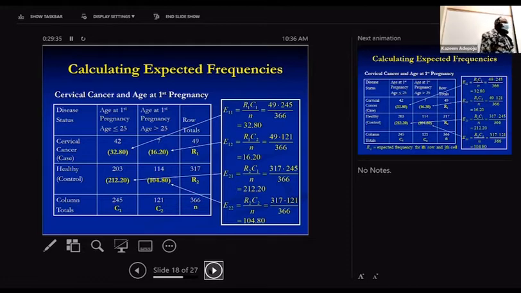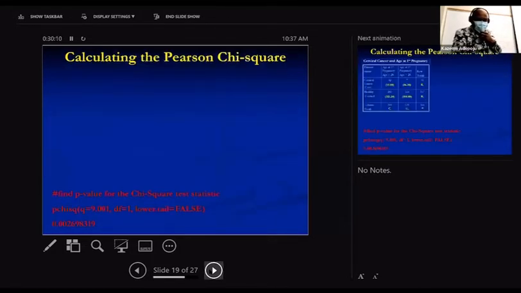Chi-square measures the discrepancy between observed and expected. Now, we have observed, we have expected, and I'm just basically going to write them out.